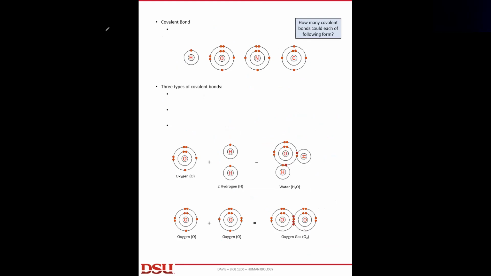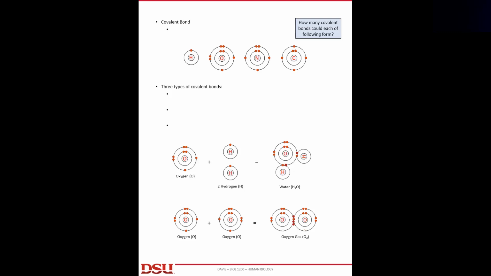All right, let's talk about covalent bonds. Covalent bonds are shared between atoms. Ionic bonds you can kind of think about as being a transfer of electrons, where the one that becomes a positive ion essentially gives away one of its electrons to the one that becomes more negative.